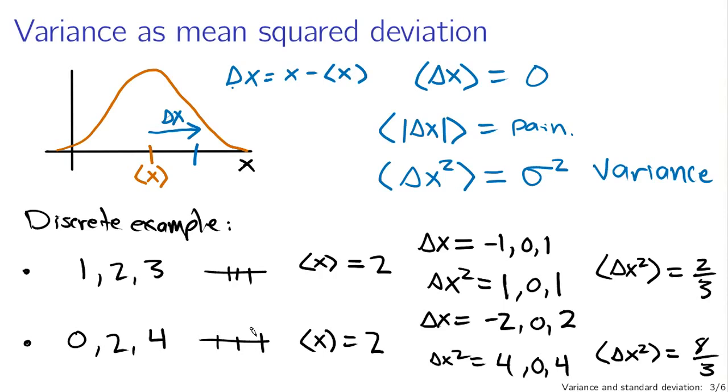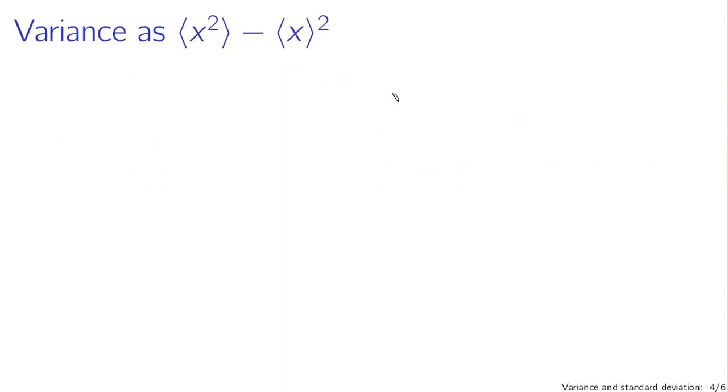So you can think of that as the definition. This is not the easiest way of calculating the variance, though. It's actually much easier to calculate the variance as an expected value of a squared quantity minus the square of the expected value of the quantity itself. So the mean of the square minus the square of the mean, if that helps you to remember it.